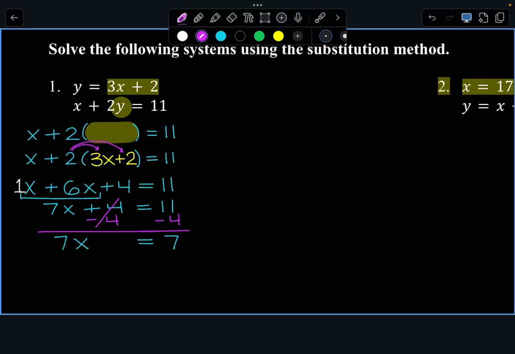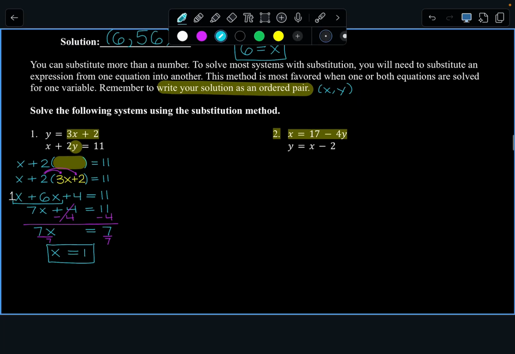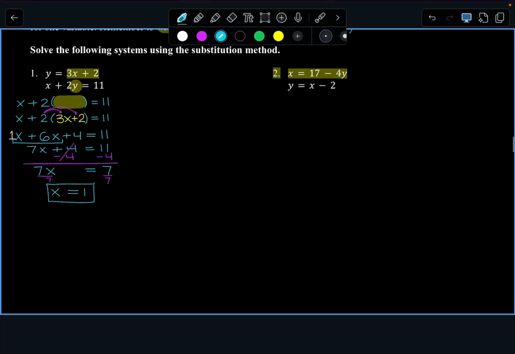Almost done to find x, divide both sides by 7. So x equals 1. But we're not quite done yet. We need x and y to have our solution.